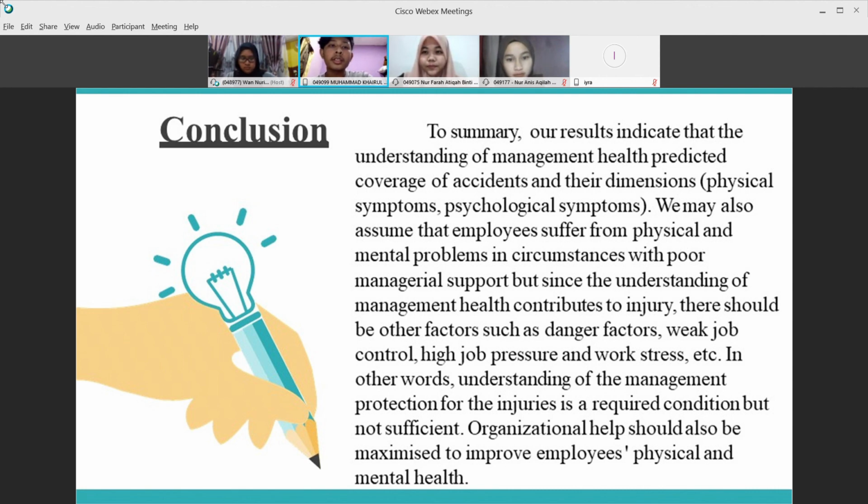We also assume that employees suffer from physical and mental problems in circumstances with poor managerial support, but since the understanding of management helps contribute to injury, there should be other factors such as danger factors, weak job control, high job pressure, and work stress, etc. In other words, the understanding of management protection for the injuries is a required condition, but not sufficient. Organizational help should also be maximized to improve employees' physical and mental health.